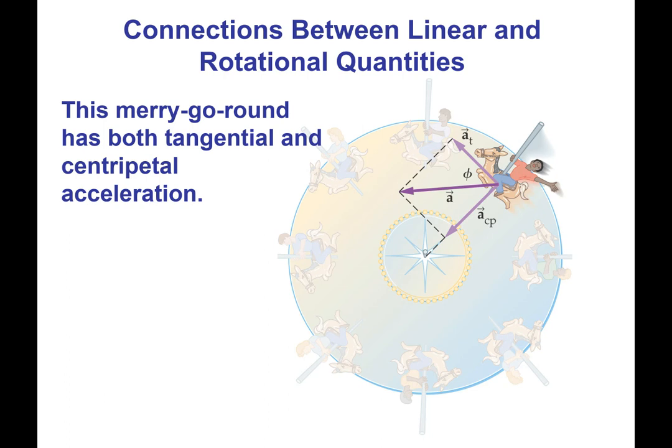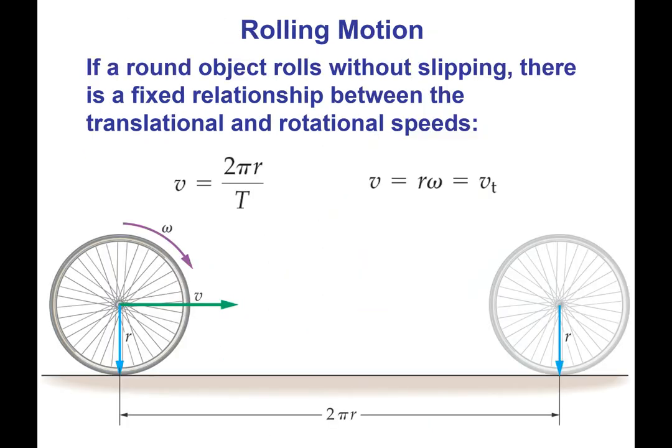So you have to think about your centripetal going that way, your tangential going that way, and it's wanting your resultant. That's when you have to pull in the Pythagorean theorem or sine, cosine, and tangent.